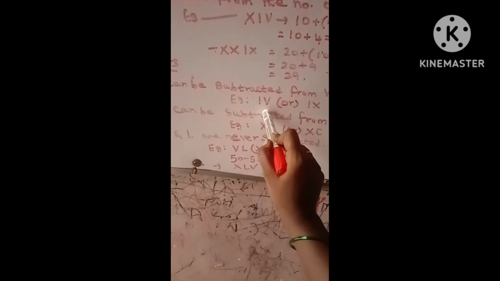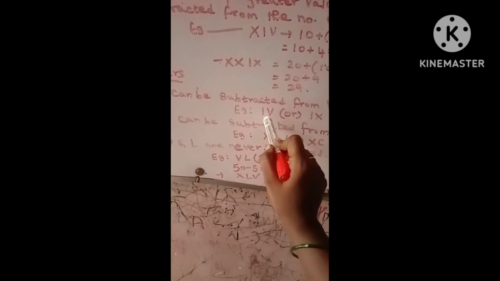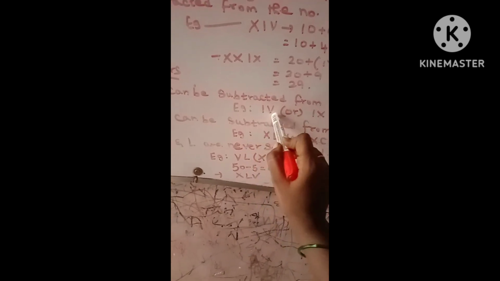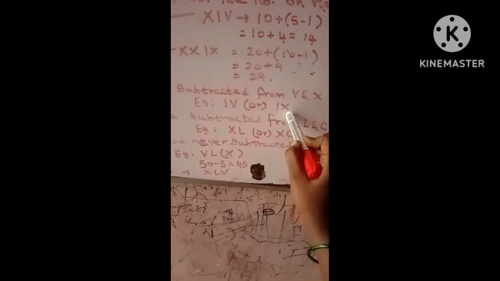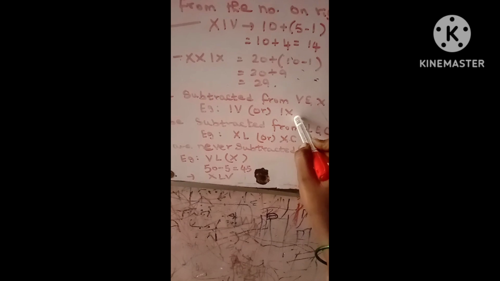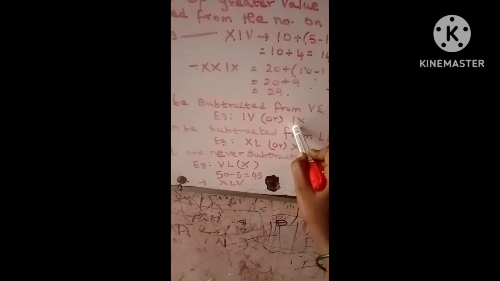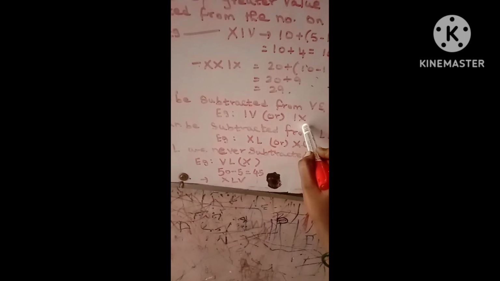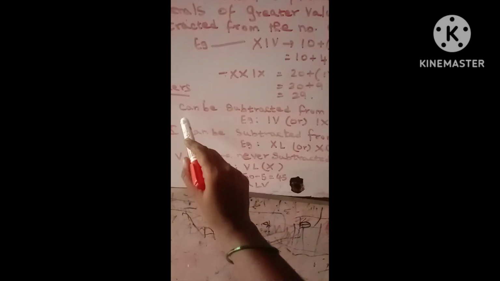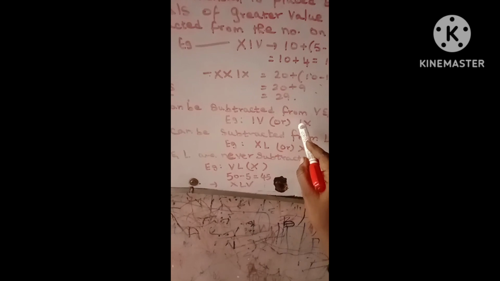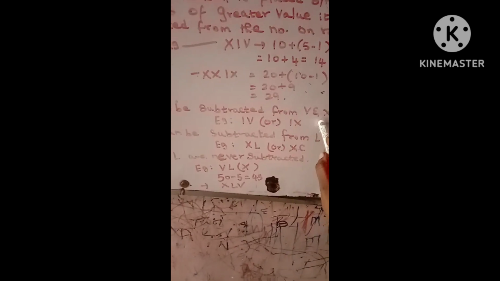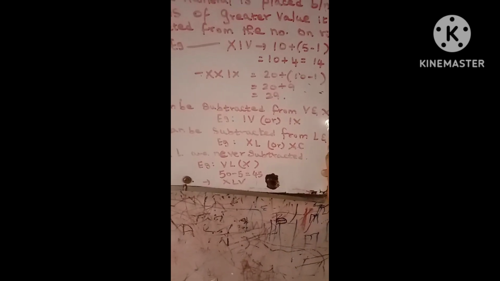In that case it is 5 minus I, it is 4. For 4 we write it like this. And in case of 9 we write it as 10 minus 1. So for 9 we write it as IX. Okay, that's it. So I can be subtracted from 5, that is V, and also X, that is 10.